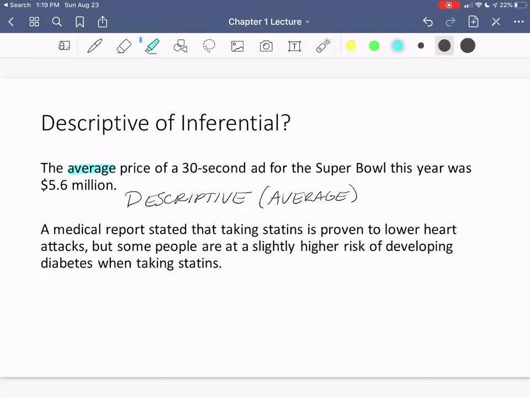It says that some people are at a slightly higher risk of developing diabetes when taking statins, but it also says that it's proven to lower heart attacks. All of these are based off the stats, the data, but now we're making predictions along the way. So in this case, this one is inferential because we're using predictions.